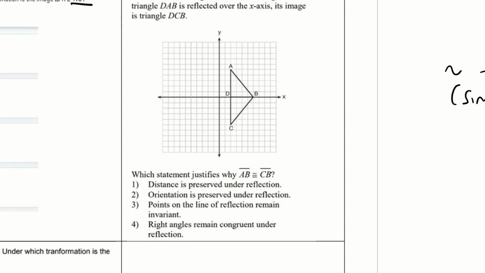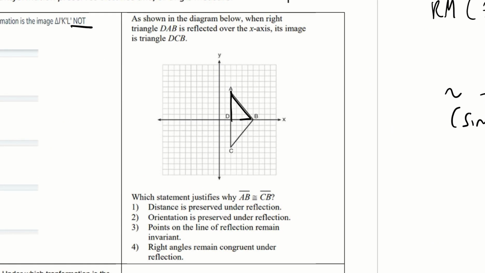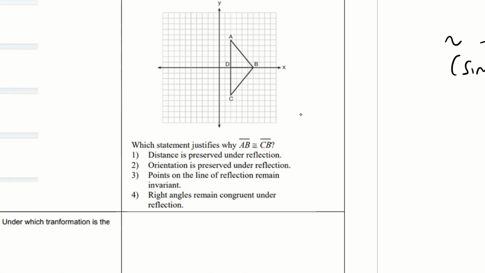All right, so here it says you got a triangle DAB and it's reflected over the x-axis. Which is the reason that justifies why AB is congruent to CB? Well, AB is congruent to CB because we did a rigid motion. We did a reflection, which is a congruence transformation. And we know that distance is preserved under a reflection. So the answer is 1.